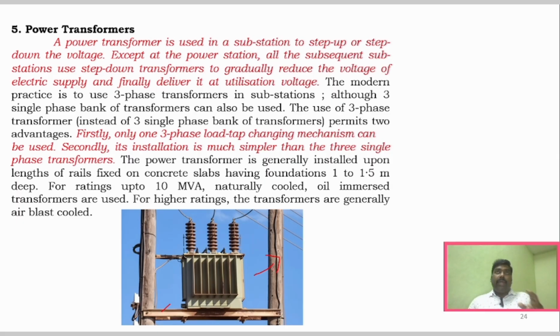And commonly, three-phase power transformers are used in substations. That's because of two reasons. One is that load tap changing mechanism is possible only with three-phase, and also the installation is much simpler. And this is about the power transformers.